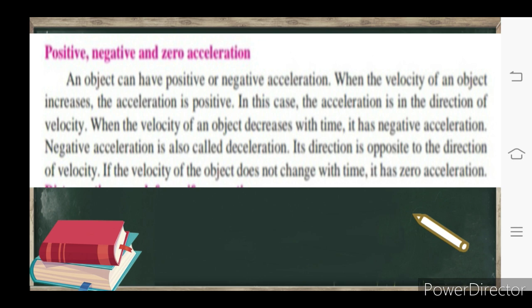Its direction is opposite to the direction of velocity. If the velocity of an object does not change with time, it has zero acceleration. Means the velocity of any object does not change, it remains constant with time, then that acceleration is zero acceleration.